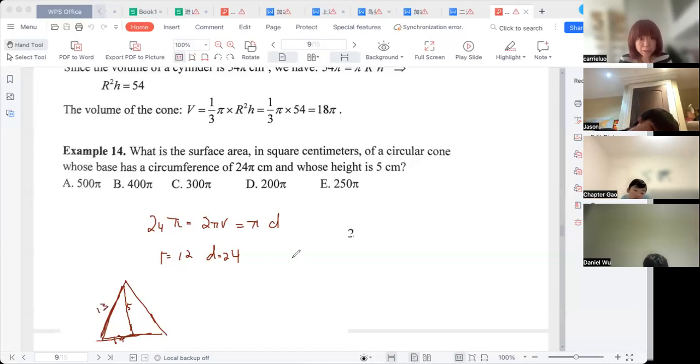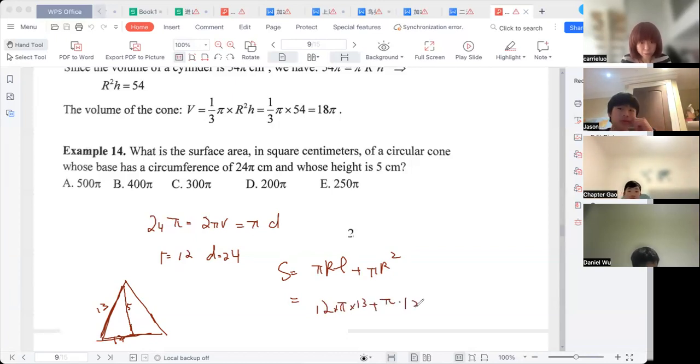Get it, everybody? So they want to know the surface area. So surface area of the cone equals pi RL plus pi R squared. The formula was already given to you. So it's 12 times pi times 13 plus pi times 12 times 12. Correct? So equal 300 pi. So the answer is C.